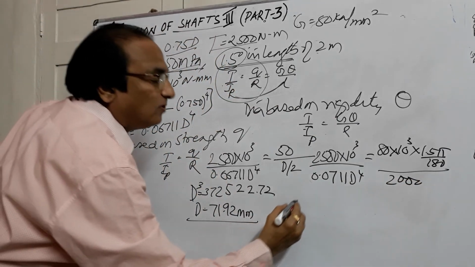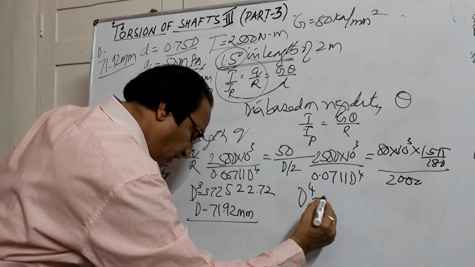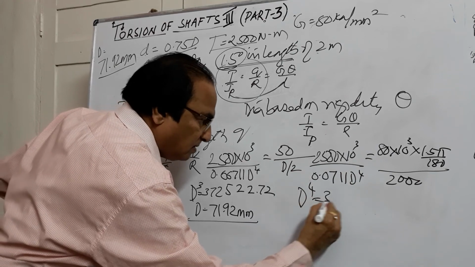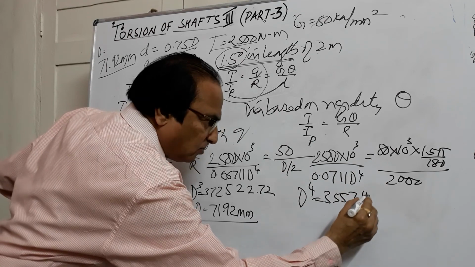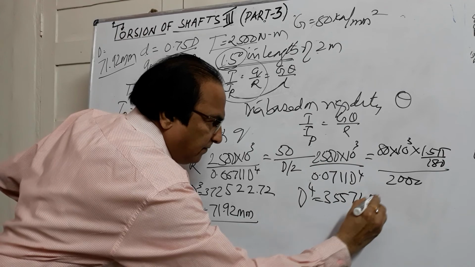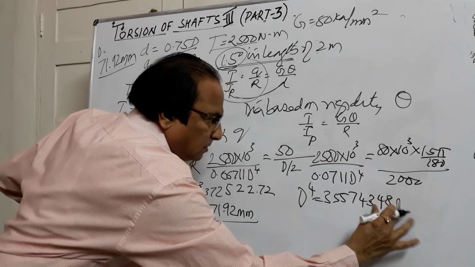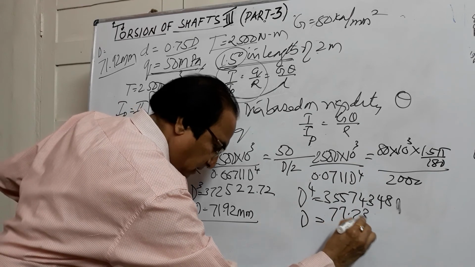If you simplify this, you get D raised to 4 equal to 35474.348. So D will be equal to 77.23 mm.